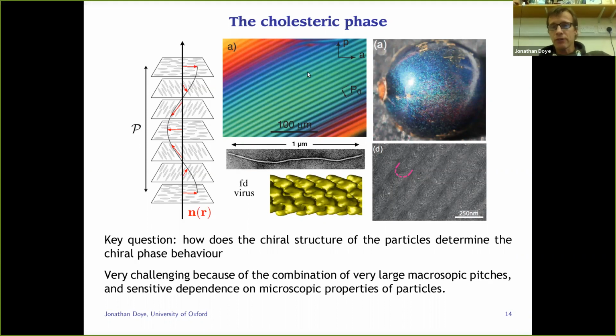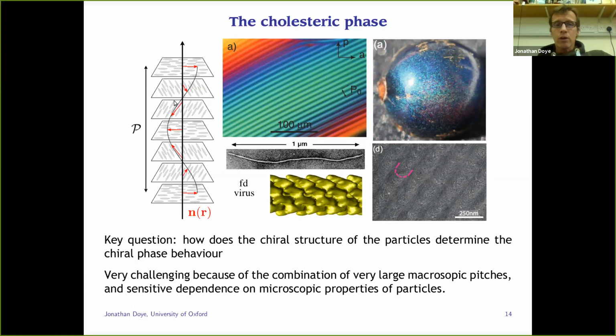And this leads to these classical banded patterns in cholesterics. Modeling the properties of cholesteric liquid crystals is actually very difficult by theory and simulations. The main problem is that this pitch is typically a long length scale, many particle diameters, so if you want to simulate the system, you'd have enormous systems.